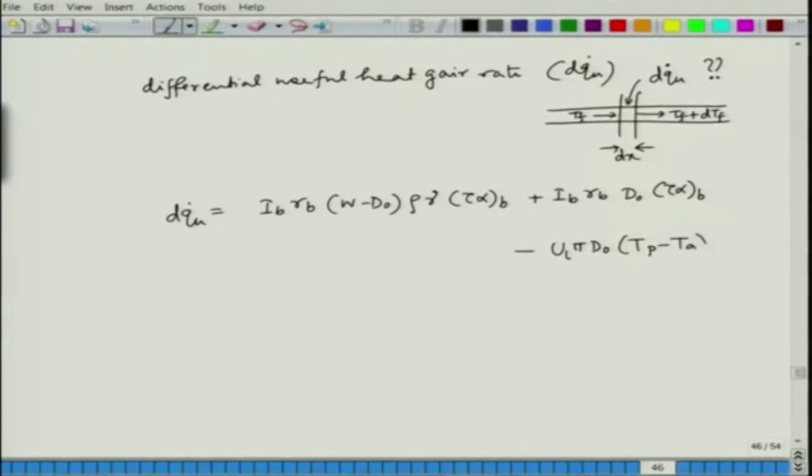Tp minus Ta, this whole thing multiplied by dx. Okay. So, what are the terms here?